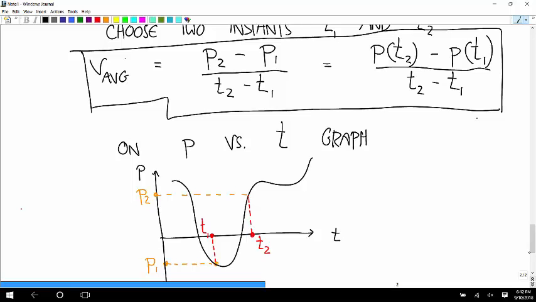And so if you draw a line that goes from the spot on the graph at T1 to the spot on the graph at T2, then the average velocity is the slope of that line. V average is the slope of that line.